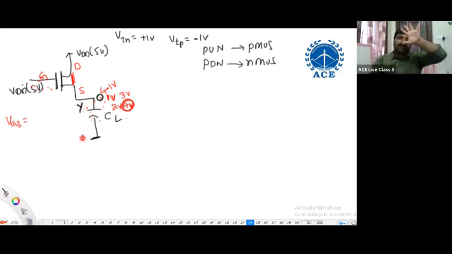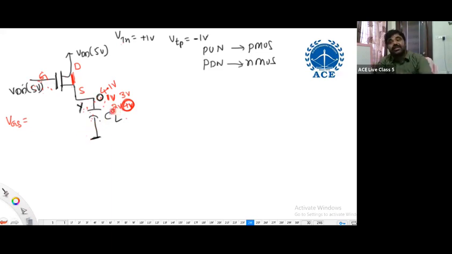If it is passing 5 volts, you can say output is logic 1, a strong one. But here we are not able to get 5 volts at output. That is not a strong one. It is getting 4 volts. Still, it may be considered a logic 1 depending on the static discipline we are using in our IC design. But it is not a strong one.